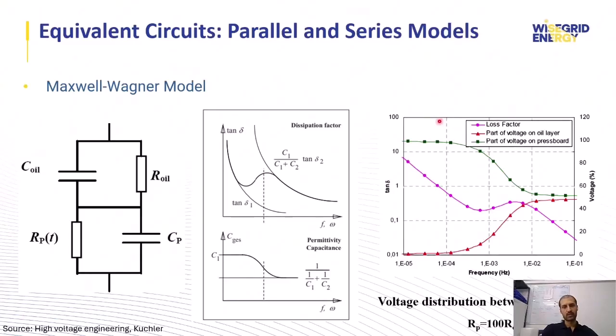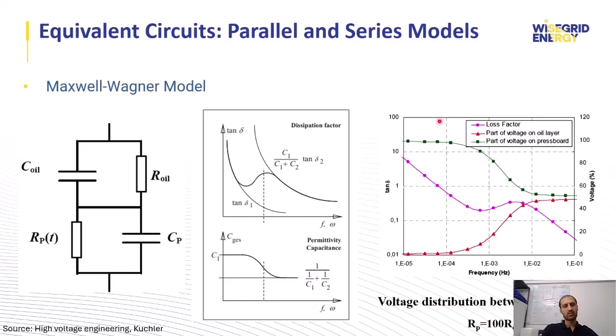Because of this, frequency domain spectroscopy (FDS) or dielectric frequency response (DFR) tests are used in on-site tests for assessing the insulation and finding out whether there is any moisture inside of the insulation or not.